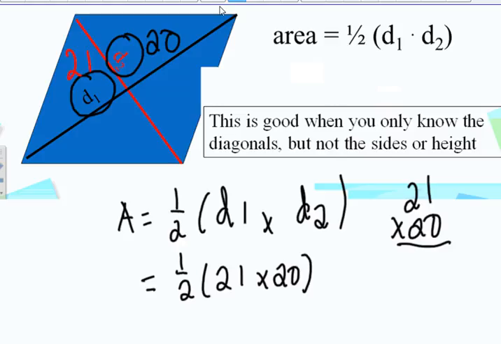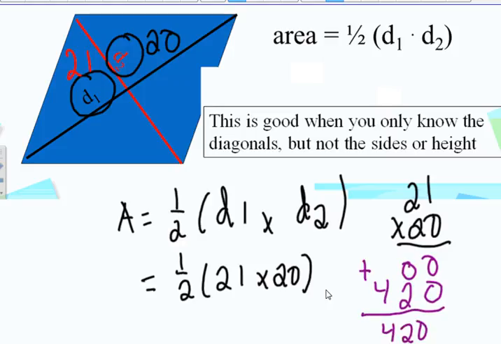When we multiply 21 times 20, I'm going to get 0 on top. Then 2 times 1, wait, I have to put another 0, and 2 times 1 is 2, and 2 times 2 is 4. When I add these together, I get 420. 420 is going to go inside right here, and I have to take half of 420.